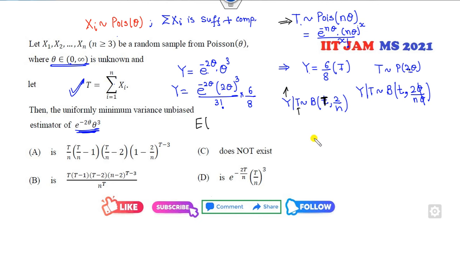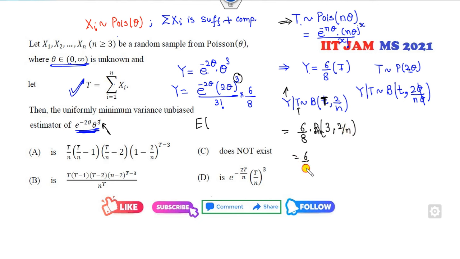Fine. So now you can see what is the right answer of this. 6 over 8 into the probability of what is n is 3. You can see theta cube, n is my, this is 3. So 3 is a binomial distribution, 3 comma here.